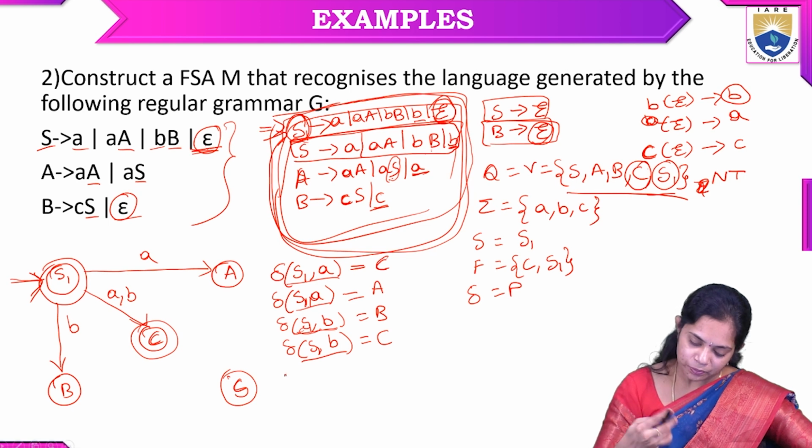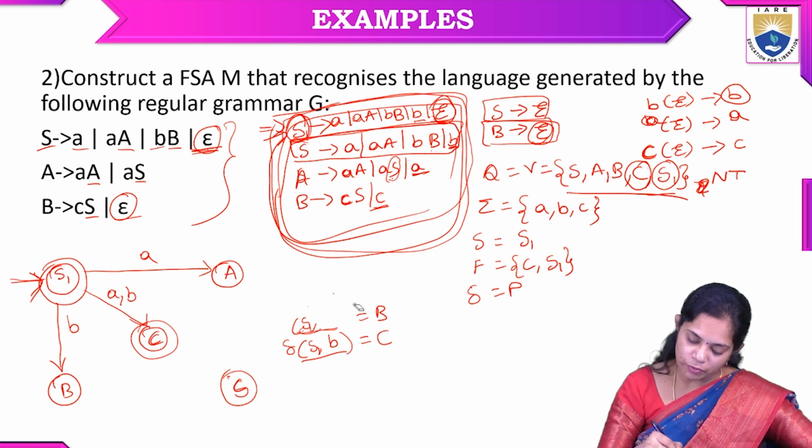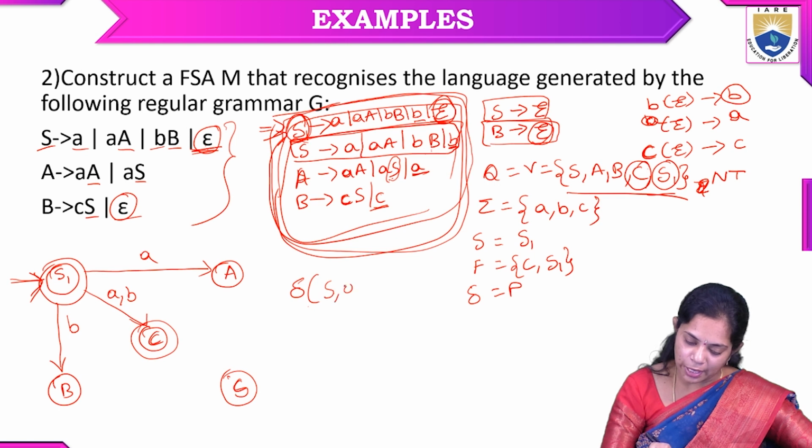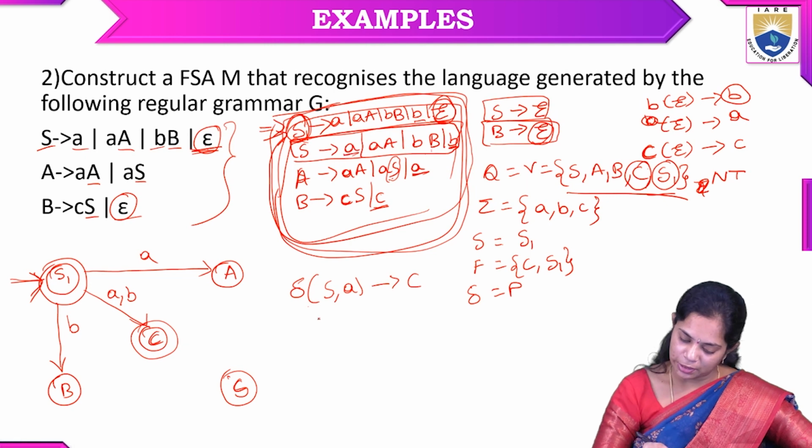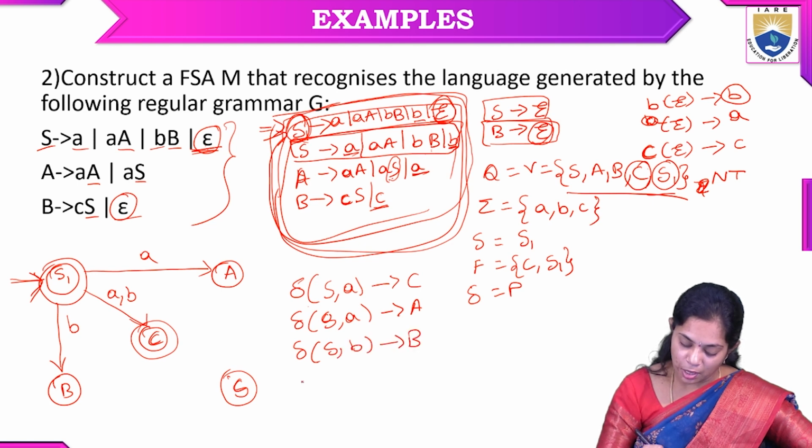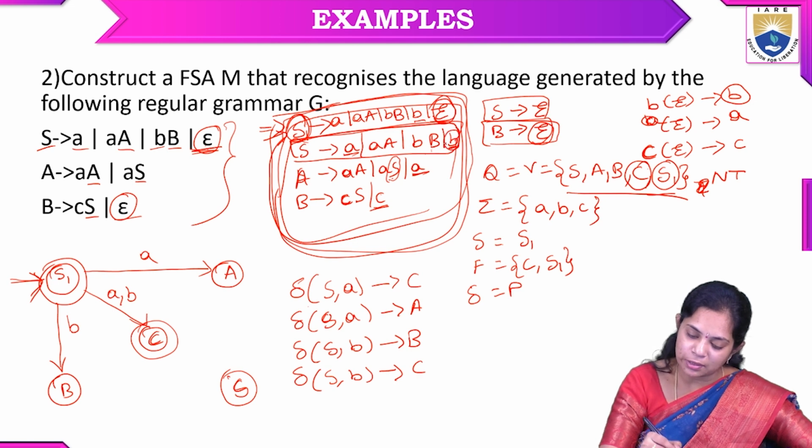And next production rule: S1 is completed, and we have to take S. Transition of S on A reaches the final state C, because only one terminal is there. Transition of S on A also reaches the state A, and transition of S on B reaches the state B, and transition of S on B also reaches the final state, because only a single terminal is there.